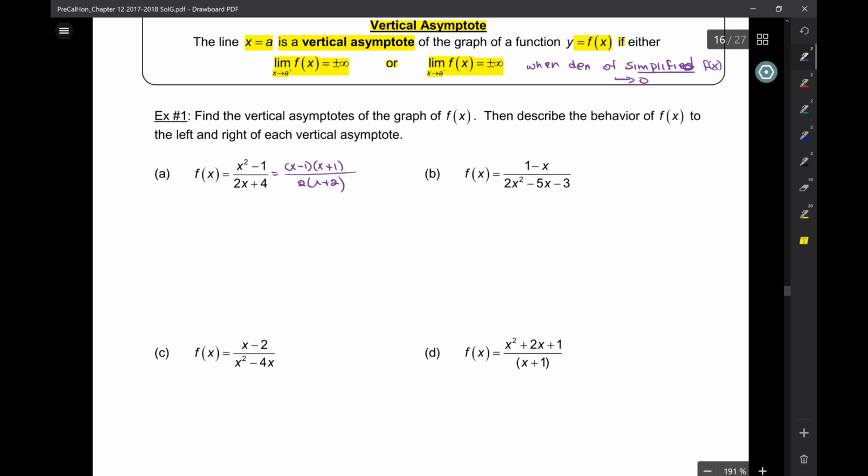So a vertical asymptote would be at x equals negative 2, correct? Now we want to talk about what happens to the left and to the right of this. What is the limit of f of x as x approaches negative 2 from the minus side? And what is the limit of f of x as x approaches negative 2 from the plus side?